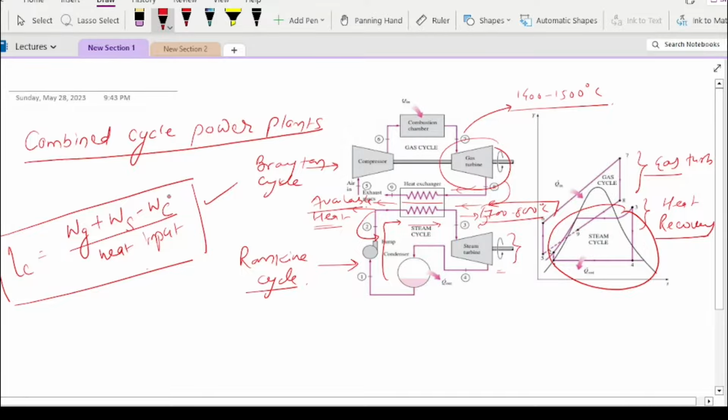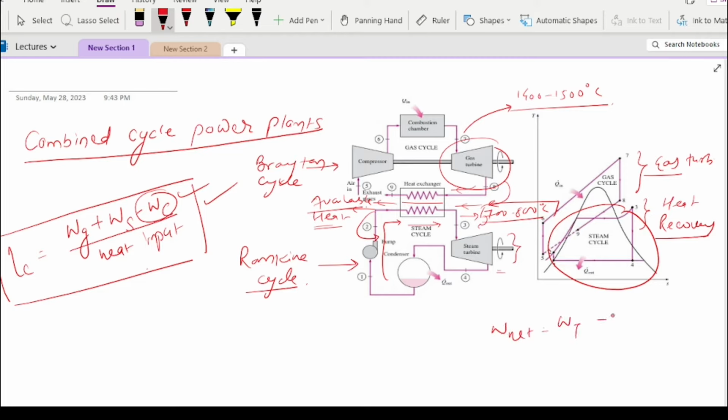Now why have we done this minus WC? Because the gas turbine net work, W net of gas turbine, is given by W turbine minus W of compression. Therefore this is taken as minus here. So this is the basic of combined cycle power plants.